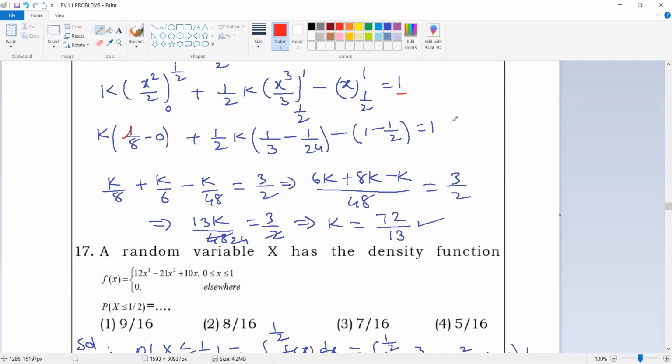Bringing this minus to the right side gives 3 by 2. So now k by 8 plus k by 6 minus k by 48 is equal to 3 by 2. Now the LCM is 48, so 6k plus 8k minus k is equal to 3 by 2. Now 13k by 48 is equal to 3 by 2. So after simplification, the k value is equal to 72 by 13.